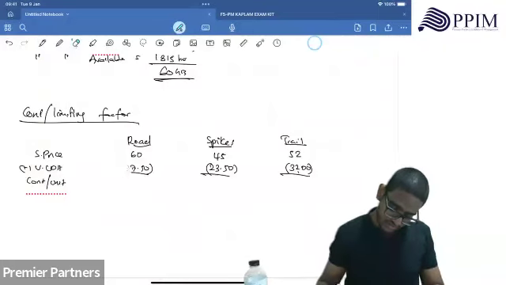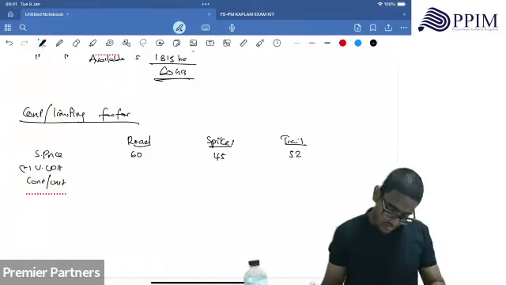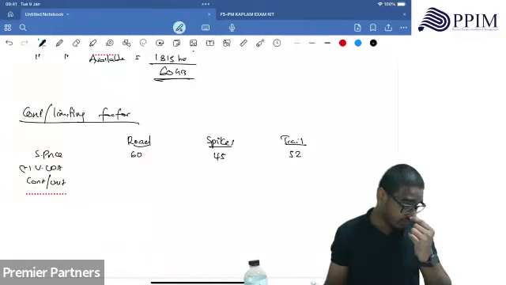Oh, there's a fixed cost element also. Can you see that? Variable cost is 37 plus 5 plus 4.